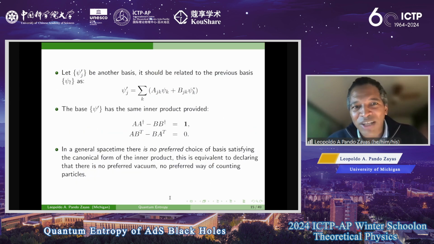Now, if you had some other basis, then it would be related to your previous one according to these coefficients A and B, which are known as Bogoliubov coefficients. For the transformation to preserve the inner product that I defined previously, you will need the Bogoliubov matrix to satisfy this relationship here.